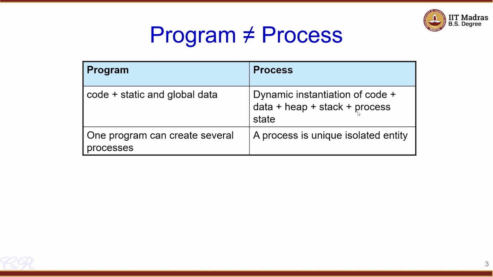It comprises the state of the process, and another kernel stack that is present in the kernel. So besides just the code and the data, there are a lot of other entities present in a process. Another thing is that one program can create several processes, but a process is a unique, isolated entity.